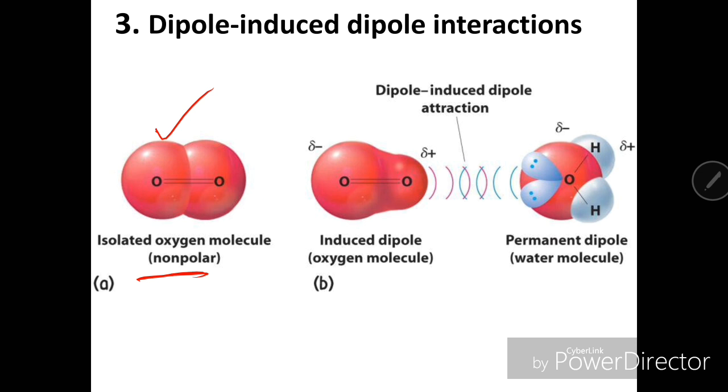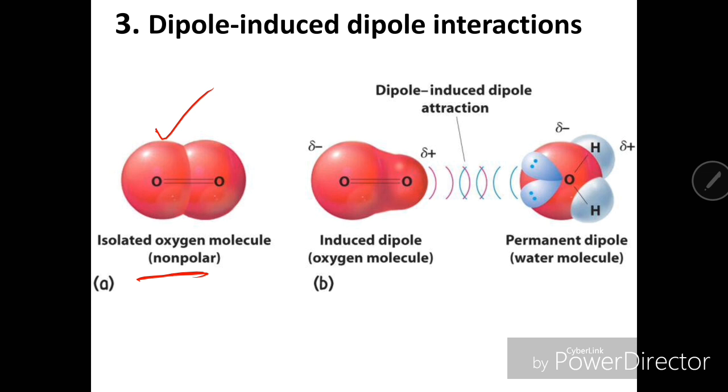How does it develop? The negative end of the water will induce a dipole moment in the non-polar oxygen molecule. The negative end of the water will repel the electrons of the oxygen molecule, so electrons will go to the far end from where the water is interacting, and as a result your oxygen molecule turns into an induced dipole, whereas the water molecule already has a permanent dipole.